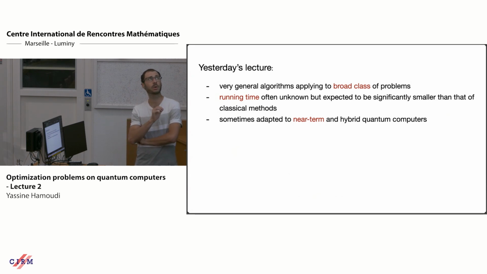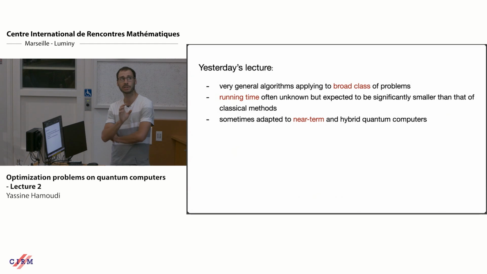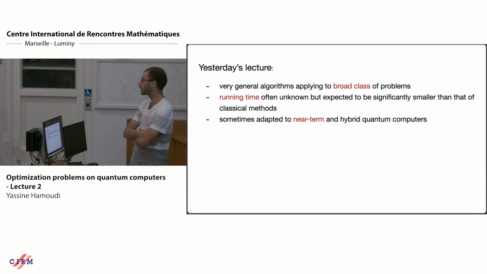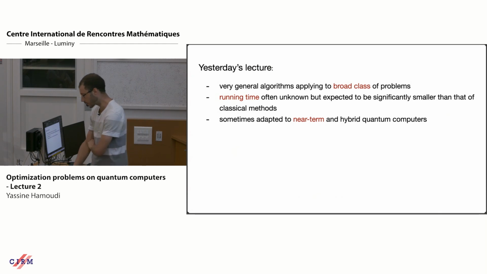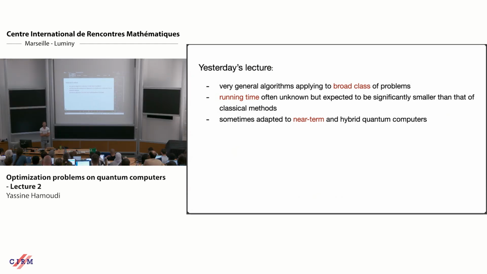Last property was that some of the methods we saw yesterday were adapted to near-term architectures and hybrid computers. Like QAOA, variational methods, they may be useful even on a noisy quantum computer. So maybe let me start by asking, do you have any question about what we saw yesterday?